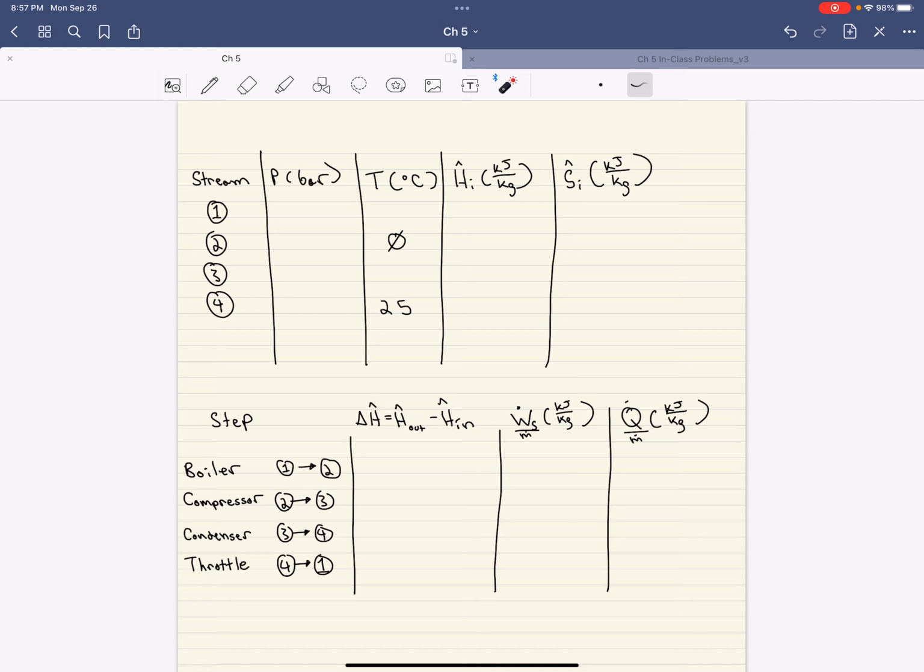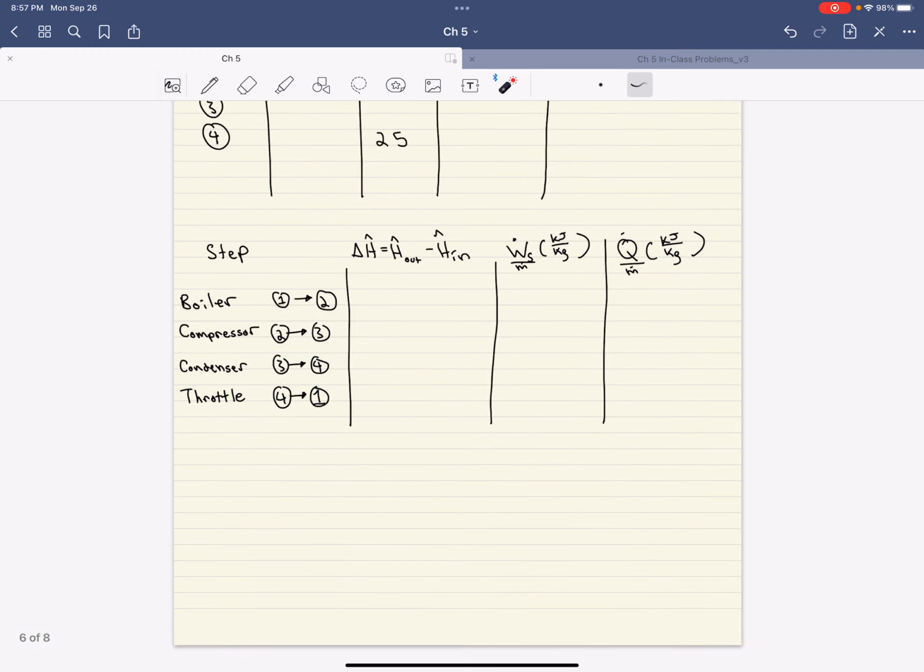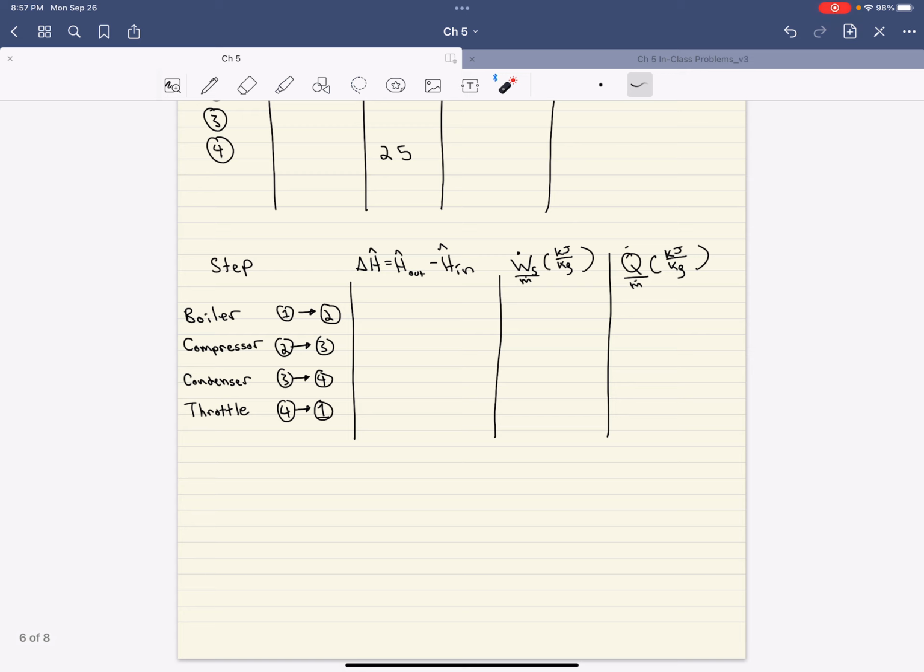And for each of these different streams, you want to have a row or a column dedicated to each type of different thermodynamic property. In the second table, we're going to list the different unit operations, the different steps the streams go through. And at each of these unit operations, you want to list the change in the specific enthalpy, the shaft work, and then the heat that either goes into or leaves the system.